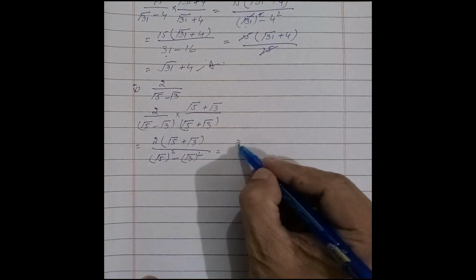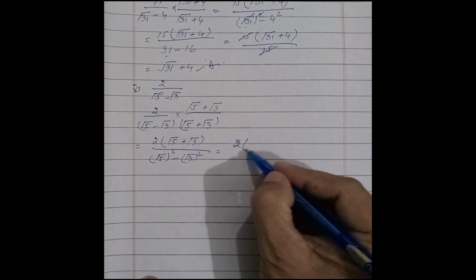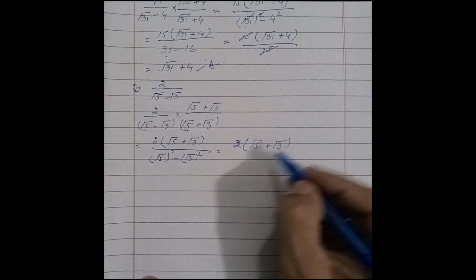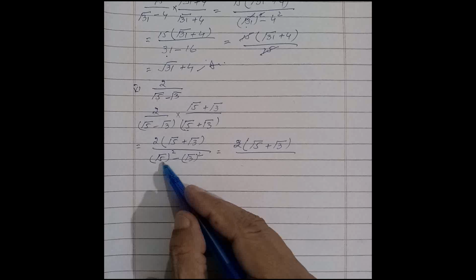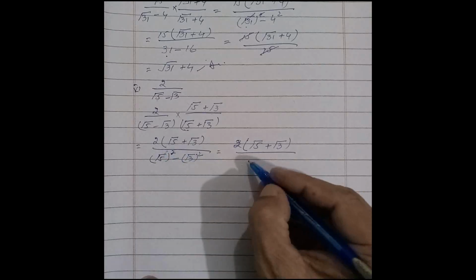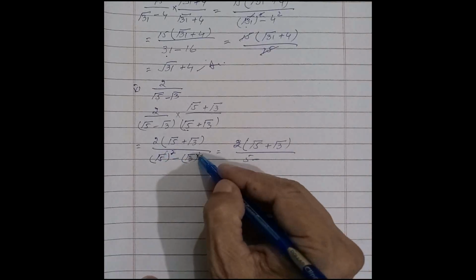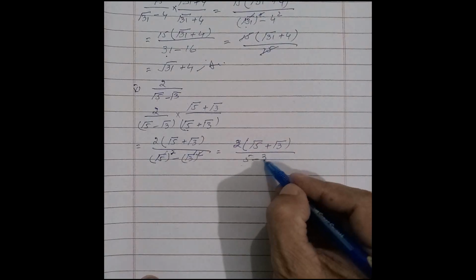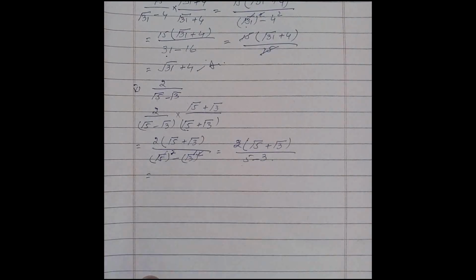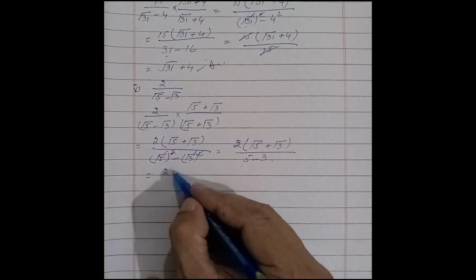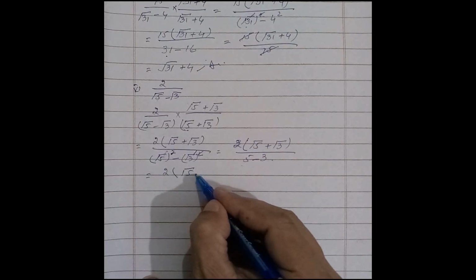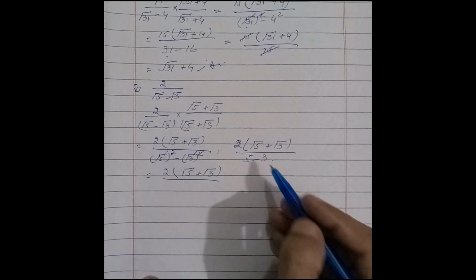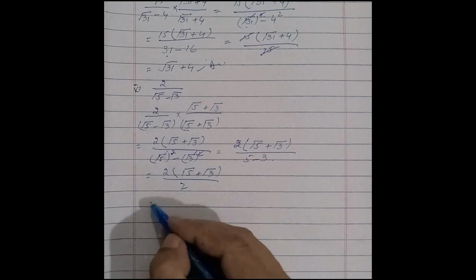We get square root 5 square minus square root 3 square, and the answer is 2 into square root 5 plus square root 3 over; square and square root cancel each other. We get 5 minus 3. Now we simplify these values. 2 into square root 5 plus square root 3 over 5 minus 3, which is 2.